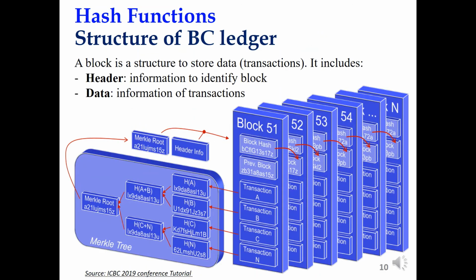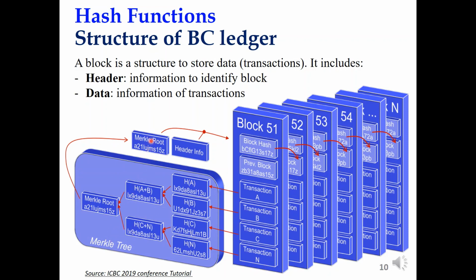Here is the structure of a blockchain ledger in more detail. Say we have a blockchain ledger that has several blocks like this: block 51, 52, 53, 54, block N, and so on. In each block, there is transaction data, which we can sometimes also call message data: transactions A, B, C, D. From this data, the Merkle tree root calculates the Merkle root hash.